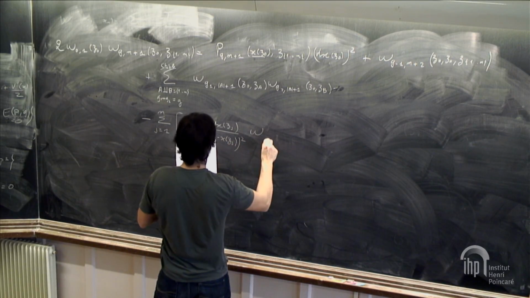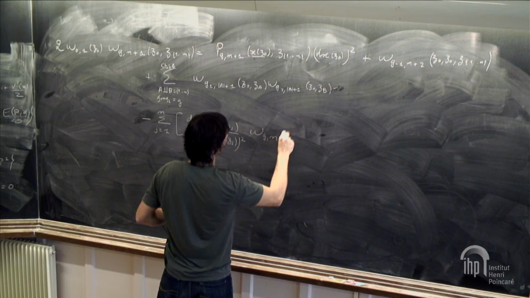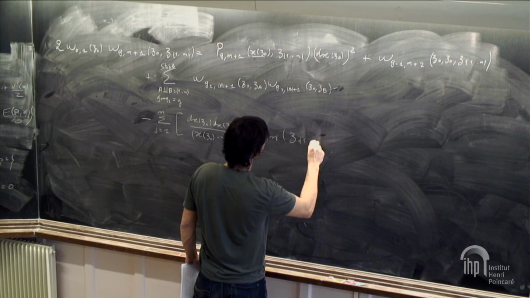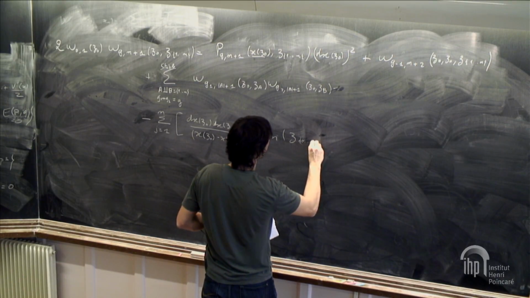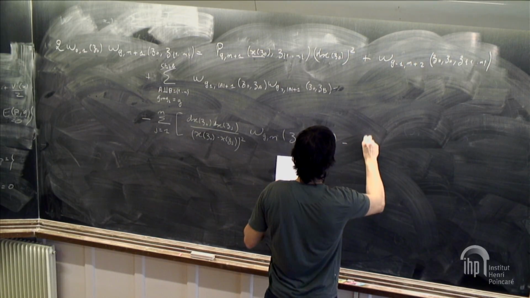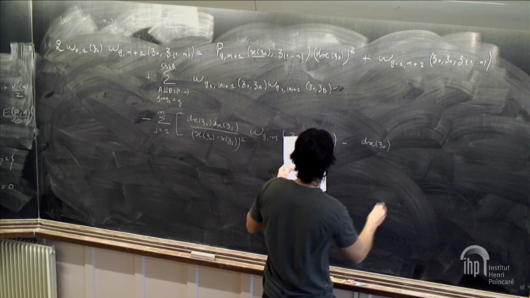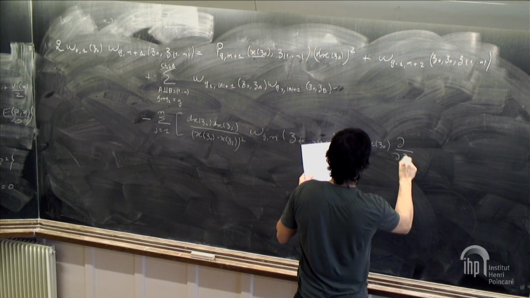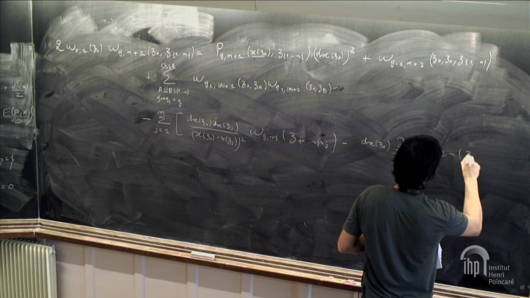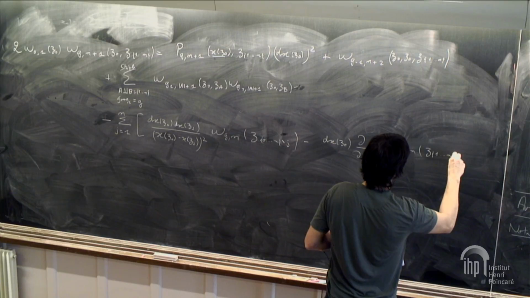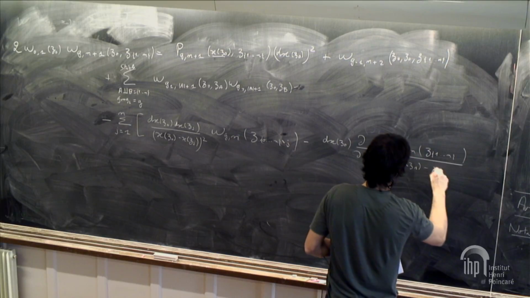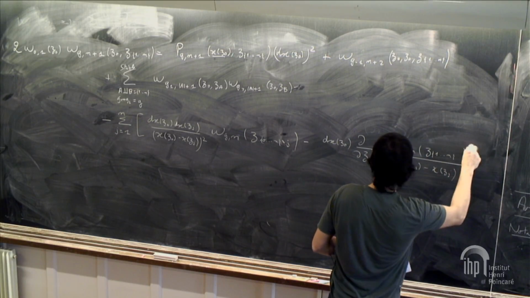Squared times omega_{g,n}(z1 to z0 to n minus j), minus dx(z0) d over dzj omega_{g,n}(z1 to n), divided by x(z1) minus x(zj).